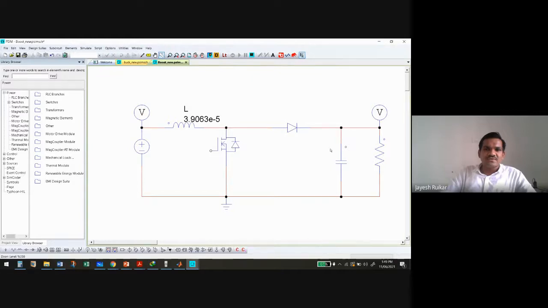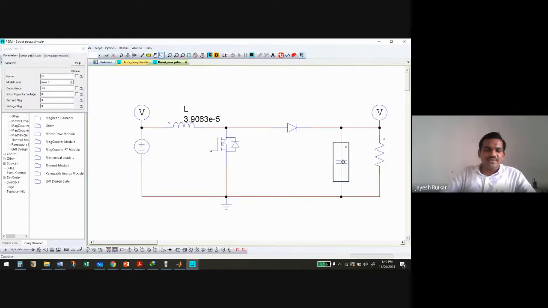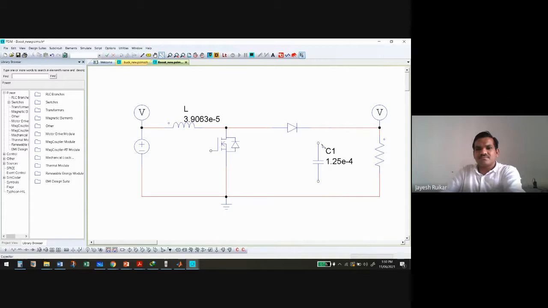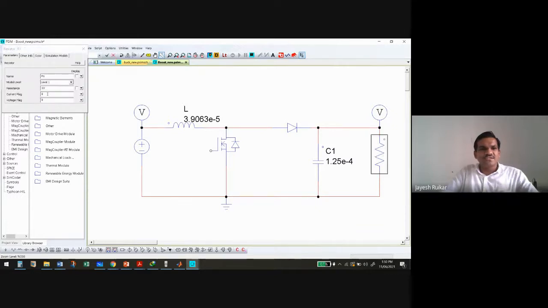And yes, the diode is there. This is the capacitance. The capacitance value is 1.25 e to the power minus 4. Then the value of resistance is 10 by default.